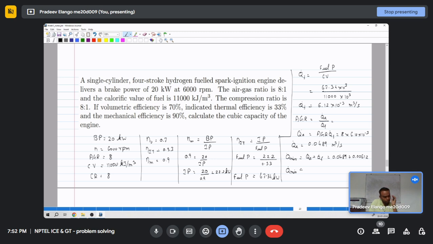What is the flow rate of mixture? 0.055 meter cube per second. So now we got the flow rate of mixture.